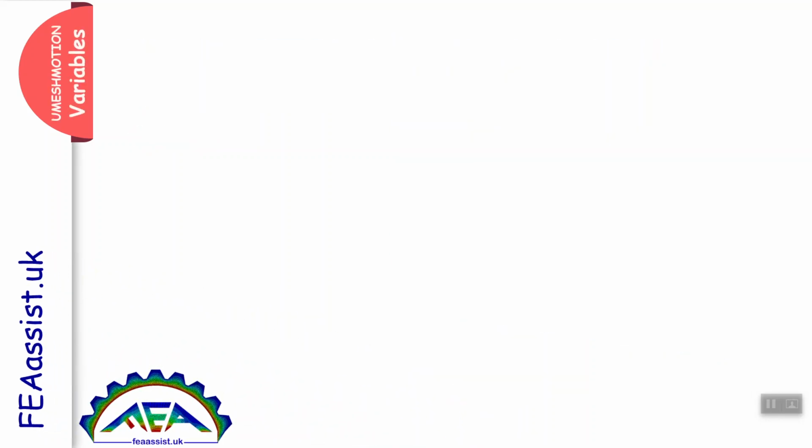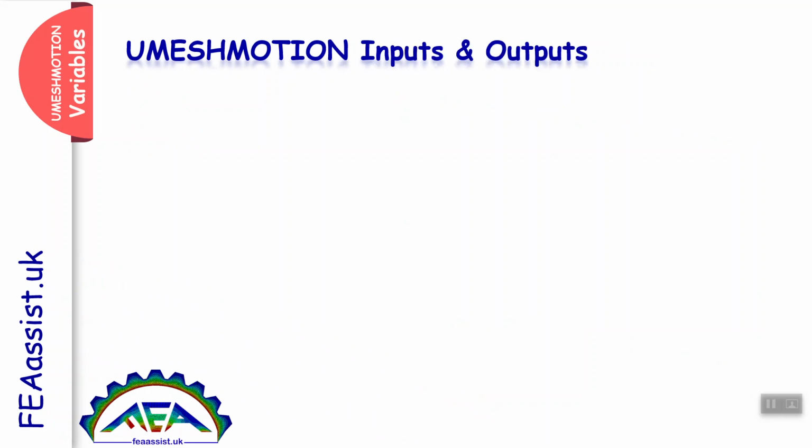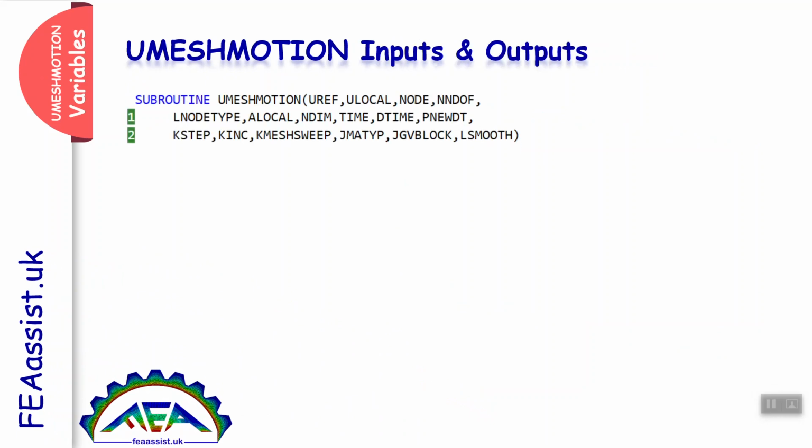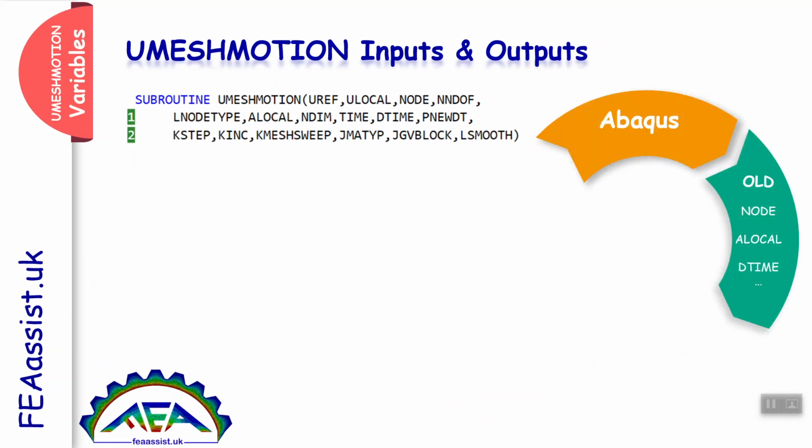UMeshMotion variables. UMeshMotion has some variables. Some of them are inputs. We need to get those inputs, process them, and export the results as an output into Abaqus. In other words, Abaqus computes the nodes' positions, time, and other variables.